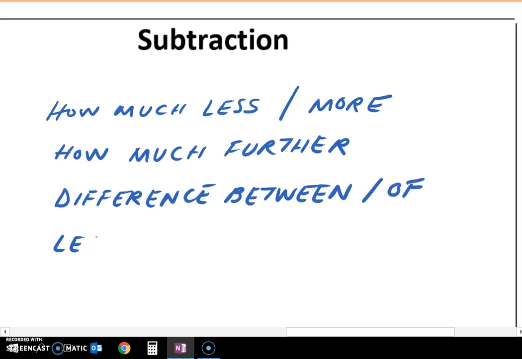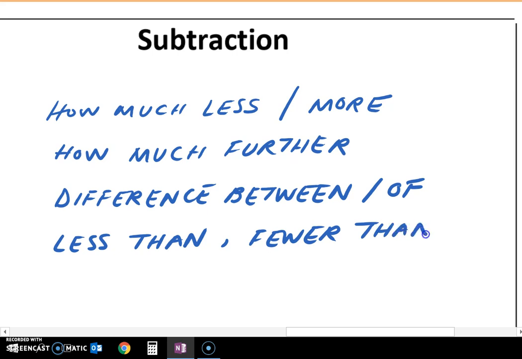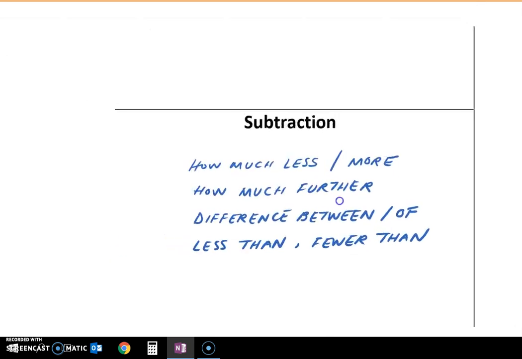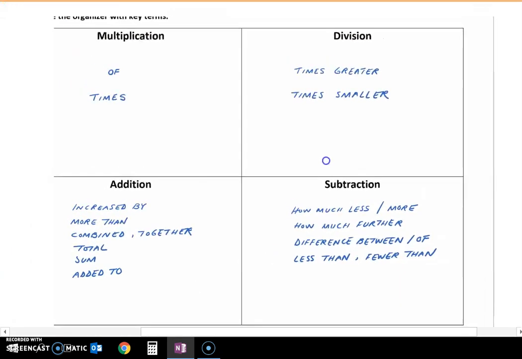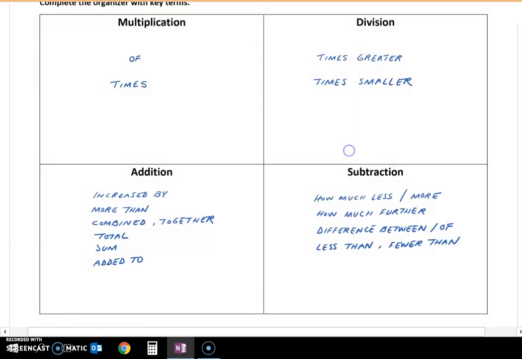And then there's the typical less than or fewer than. Just giving you a moment to catch up on your notes as you are jotting these down. Okay, so these are the most common terms that you will typically see.